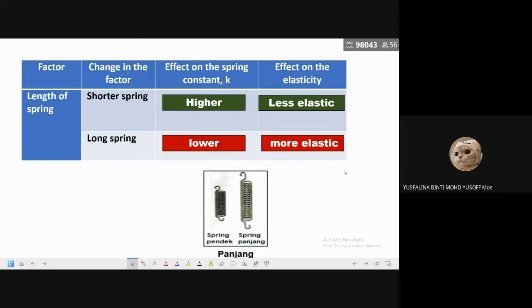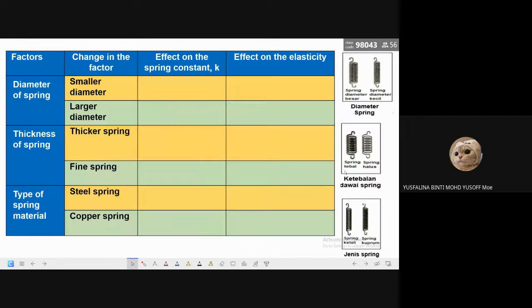So just remember: shorter wire, high spring constant, more stiff. This is the comparison.